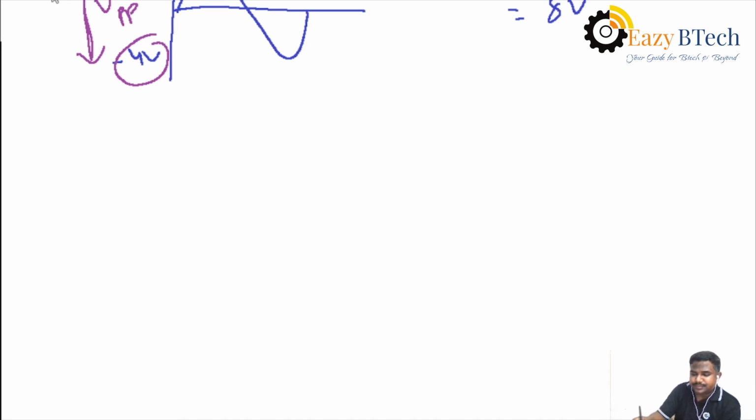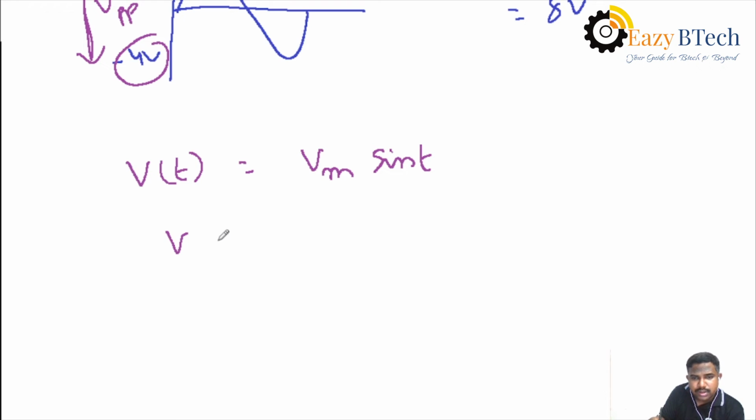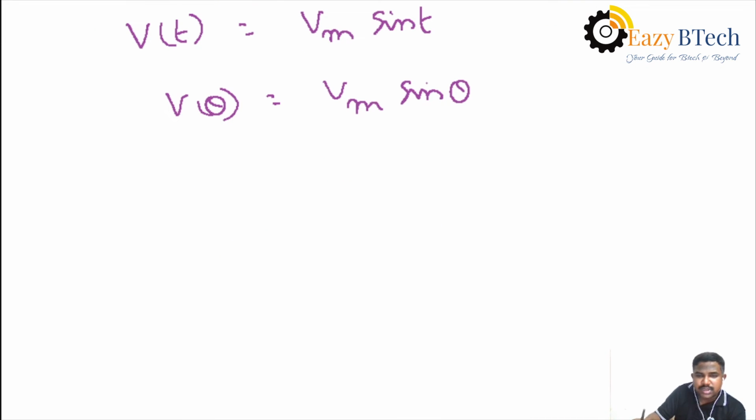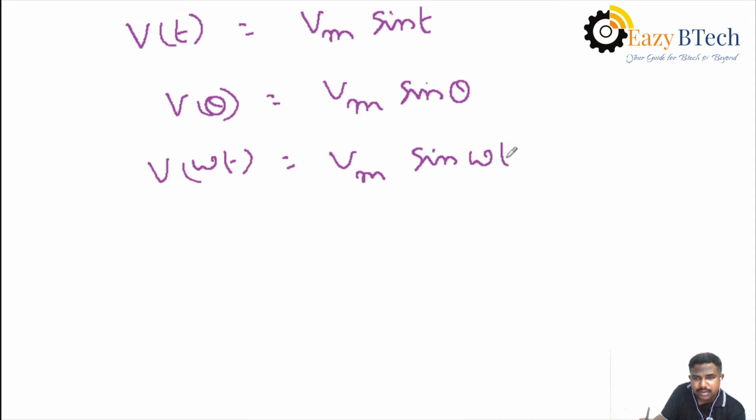Then after that, a single phase AC system is generally represented as Vm sin of time, or Vm sin theta, or in terms of the x-axis, V of omega t equals Vm sin omega t.